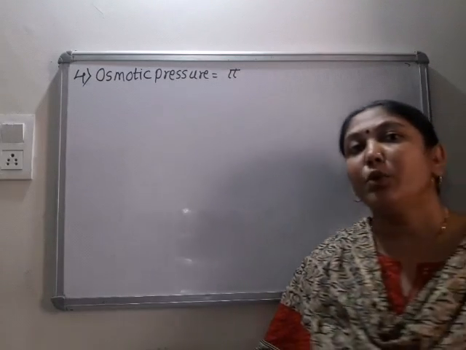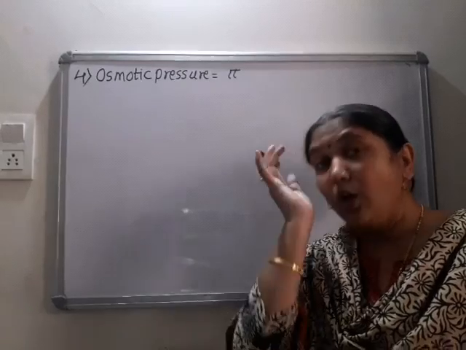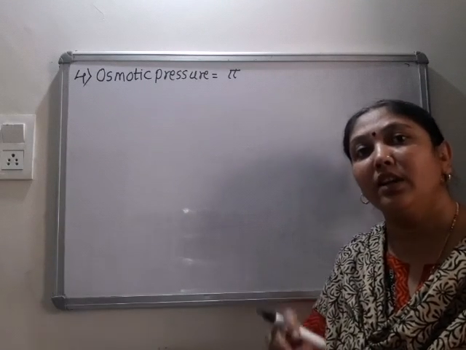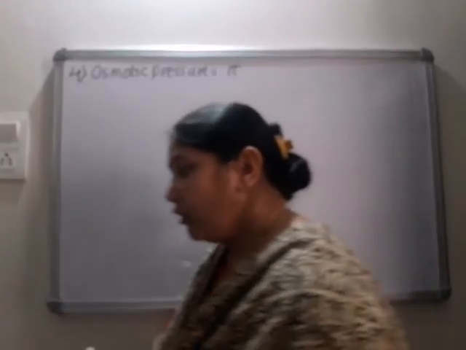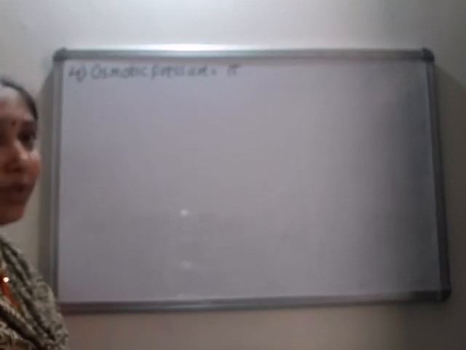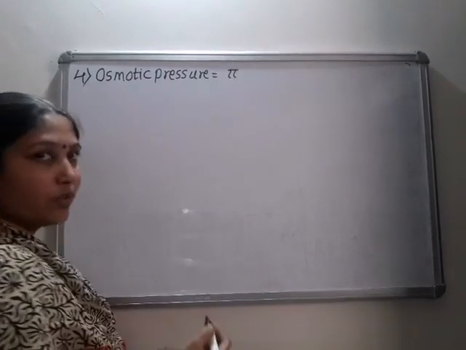To study this osmotic pressure, we must know some terms, out of which one is semi-permeable membrane and second one is osmosis. Let us discuss what is meant by semi-permeable membrane and what is osmosis.